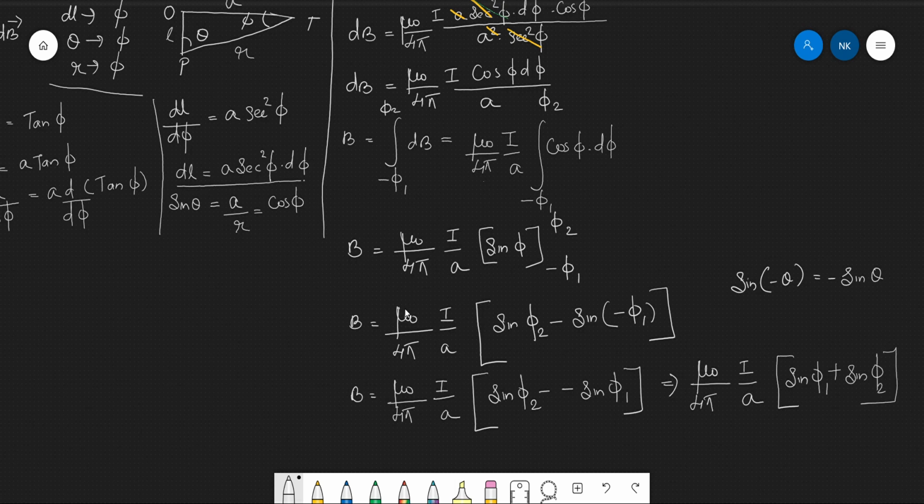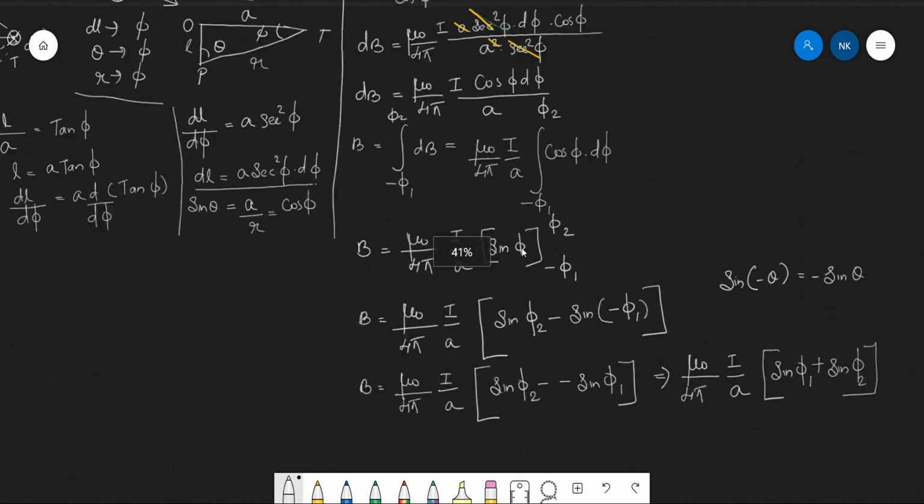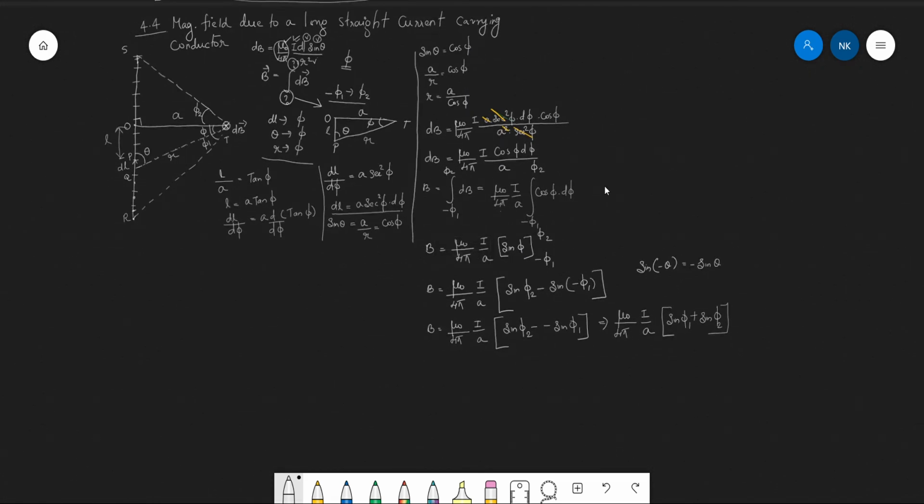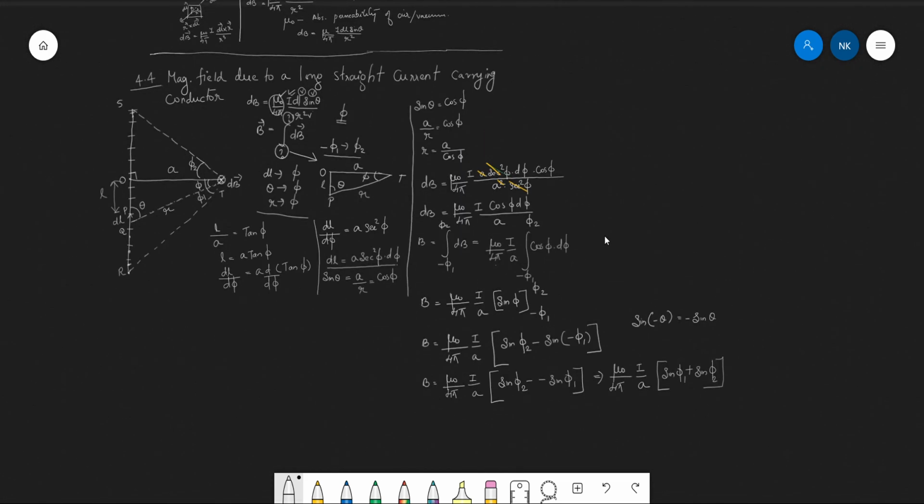So that was the magnetic field due to a finite current carrying wire, and here is your complete derivation.